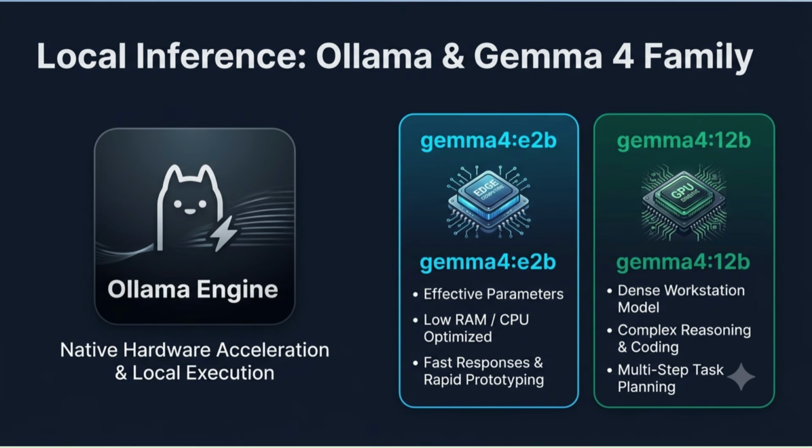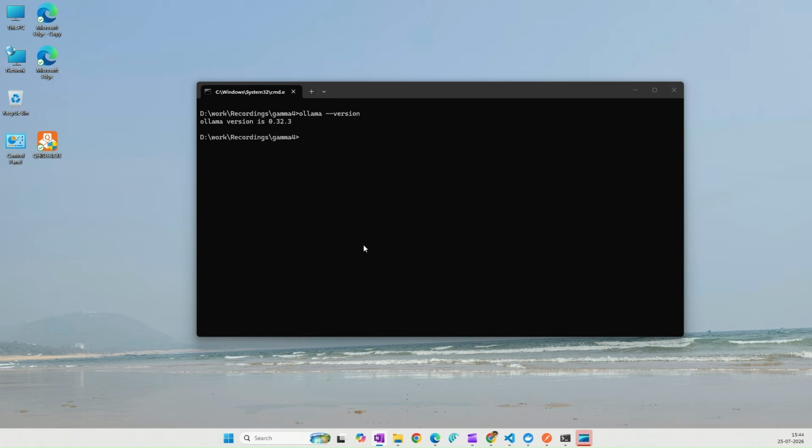To get these models on your host machine, open your terminal and pull using Ollama. Type ollama pull gemma4 E2B. If you want to pull the E2B model, just run ollama pull gemma4 E2B.